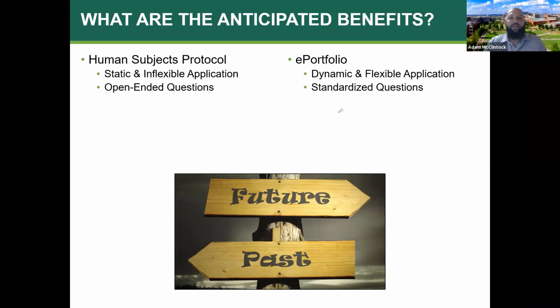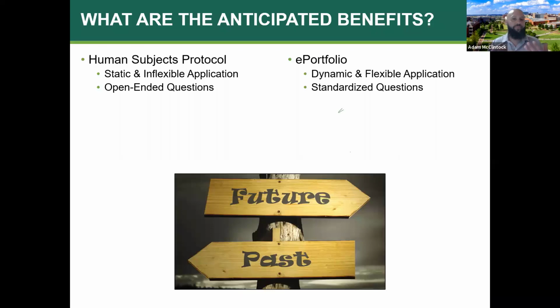On the HSP, there are a lot of open-ended questions. So free text boxes, things that you have to fill in and come up with the answer yourself. With the ePortfolio, we've looked at the questions and determined which ones have common responses. So we've developed standardized questions.